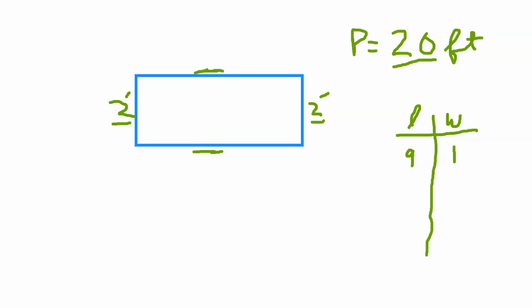So how much is each length? 16, that's 8, because you have to cut 16 in half to use for each length. So if our width is 2, the length is 8.